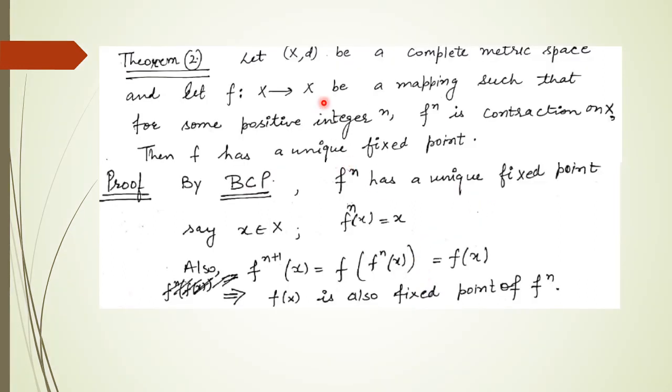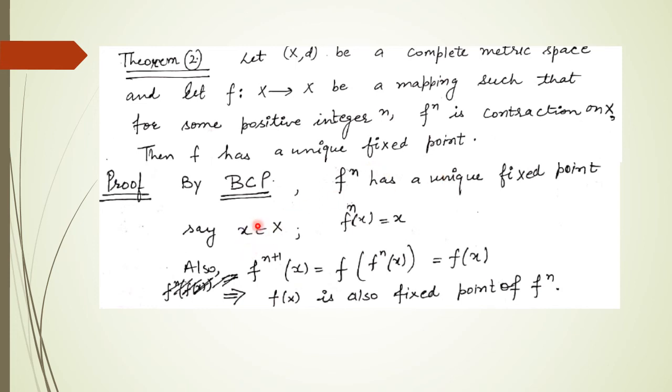Another theorem, let's see. Let (X, d) be a complete metric space and F be a mapping such that for some positive integer n, Fⁿ is a contraction on X. Then F has a unique fixed point. Now just see, Fⁿ is a contraction and this space is complete, so by using Banach contraction principle, Fⁿ has a unique fixed point.